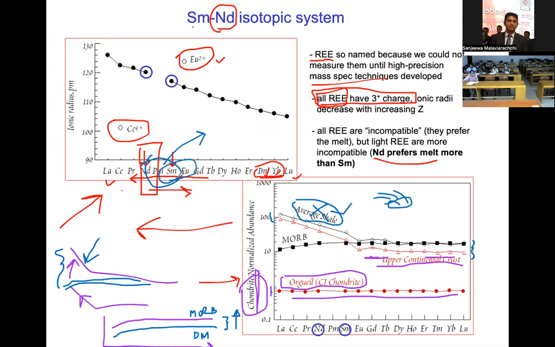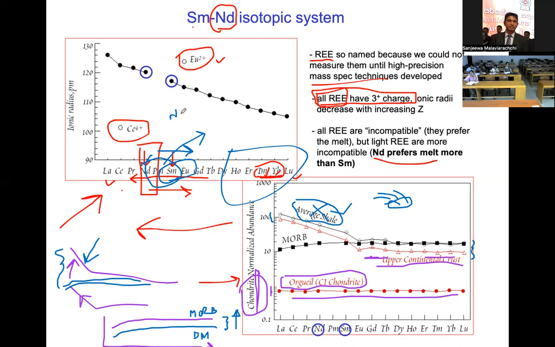A lot of samarium can be there because it's more towards the right hand side. That means more towards the compatible side, because garnet prefers compatible elements, right? Heavy rare earth elements are very much concentrated in garnet. Although it's a kind of middle, samarium relative to neodymium will be preferentially partitioned into garnet.